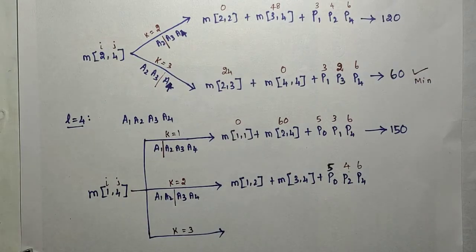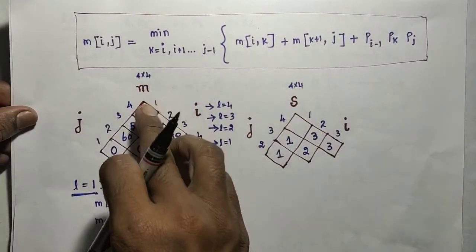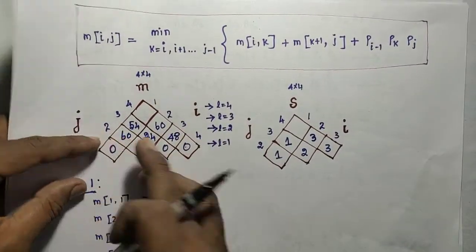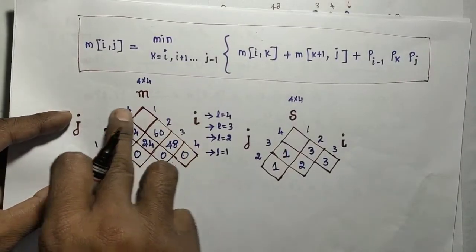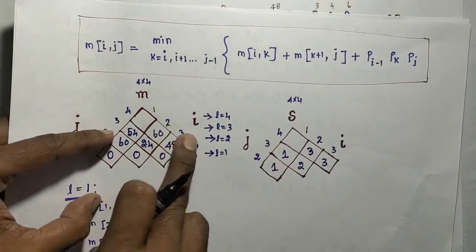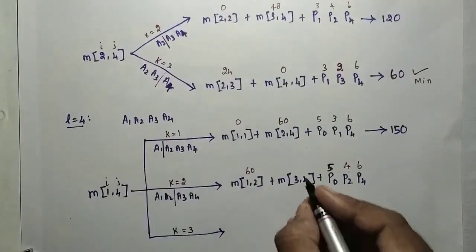If you look at the table, 1 comma 2 is 60, and 3 comma 4 is 48. Those need to be substituted.